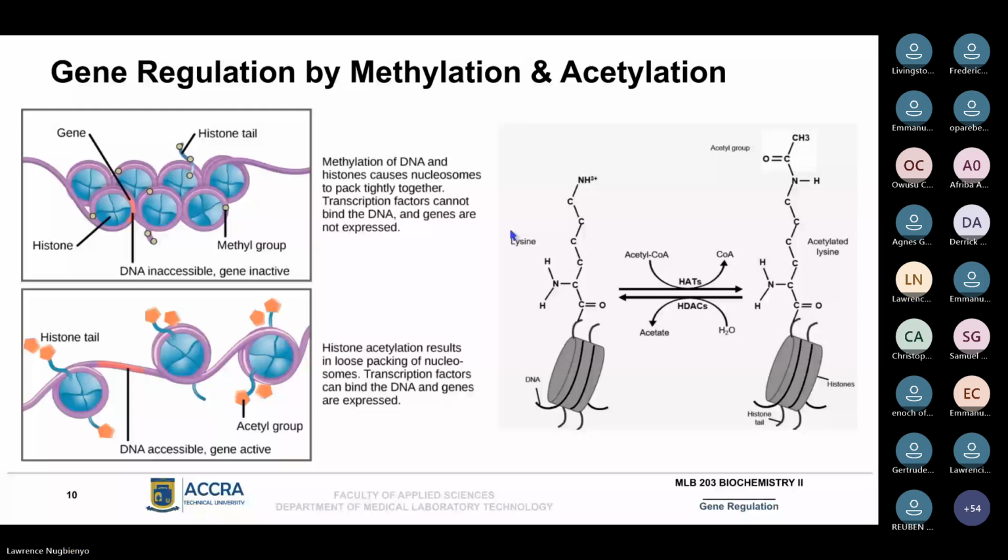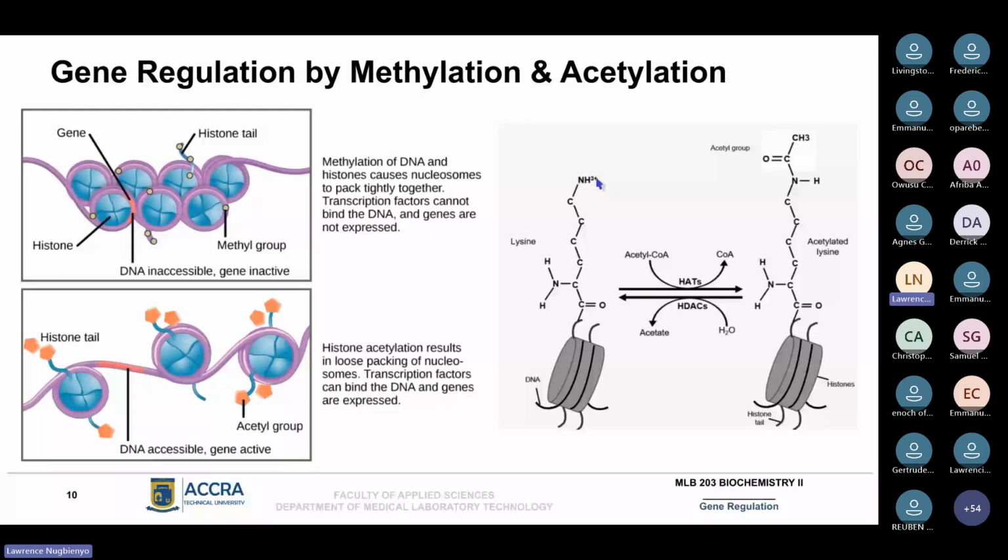Now, that extra amine group is having a positive charge on it. Then, you also remember that nucleic acids are made up of nucleotides, and these nucleotides are carrying negative charges on the phosphate group.